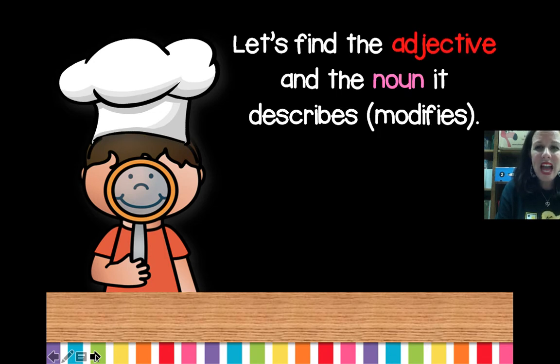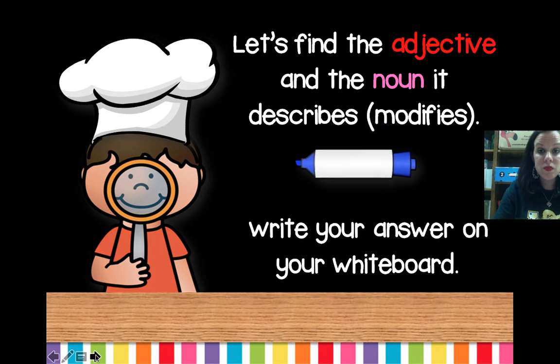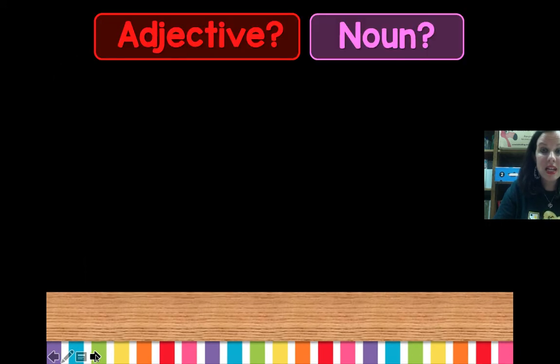So let's find the adjective and the noun that it describes or modifies. I want you to write your answer down or hold it in your brain as I'm going through each slide. Okay, here we go. Adjective, noun.